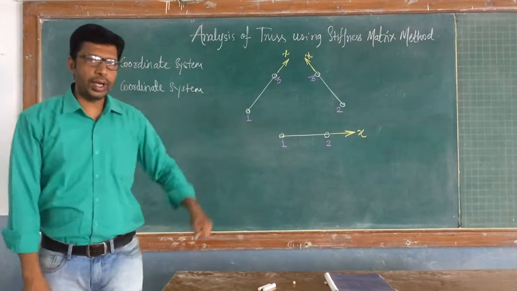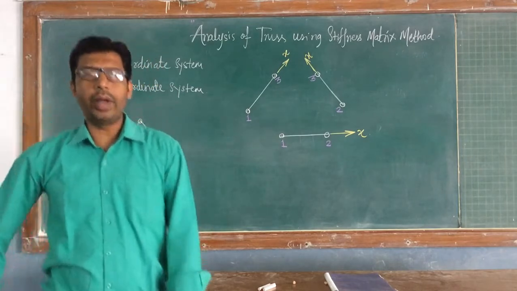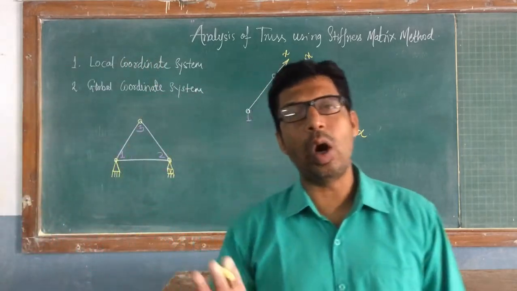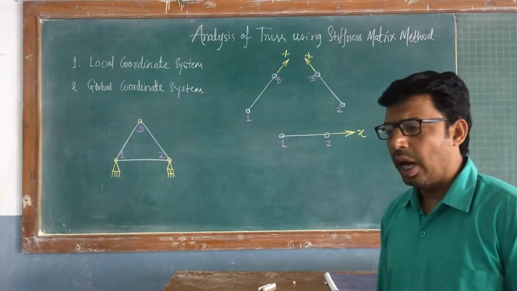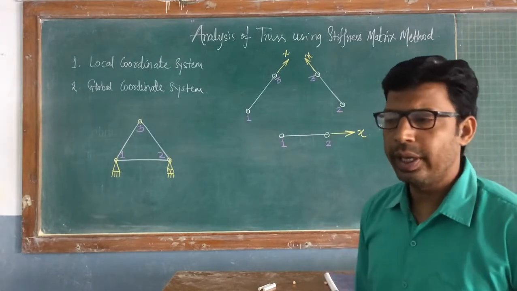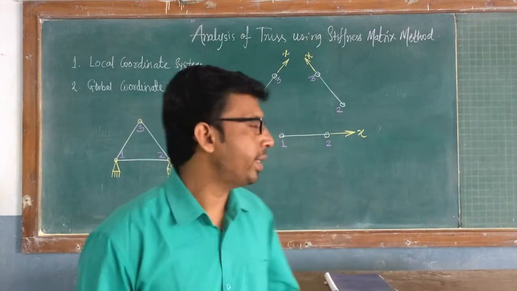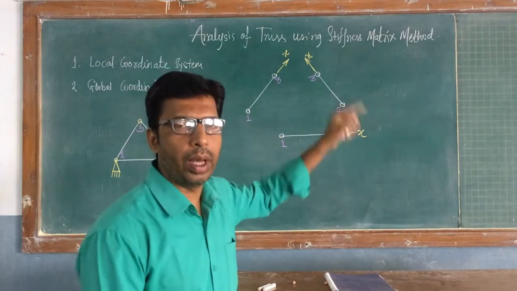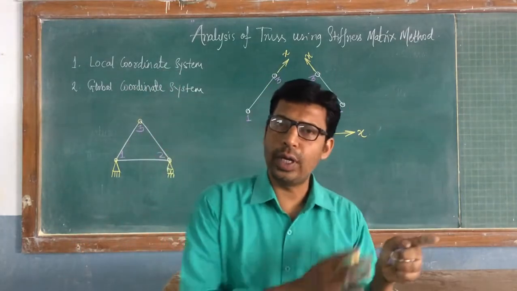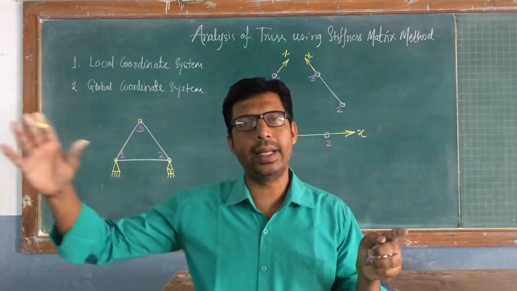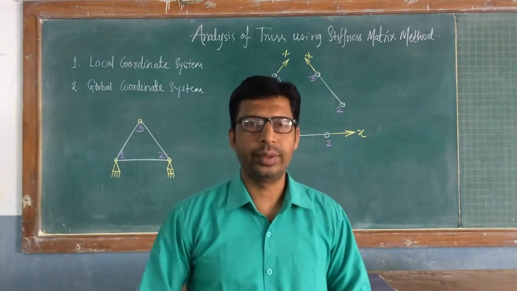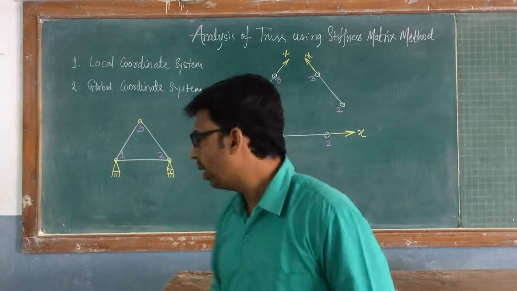If you look at all three members now, your x-axis is changed in all three members. How is the x-axis assumed? X-axis means it is along the member, starting from the first node, first joint, and going toward the second joint. That is plus x.